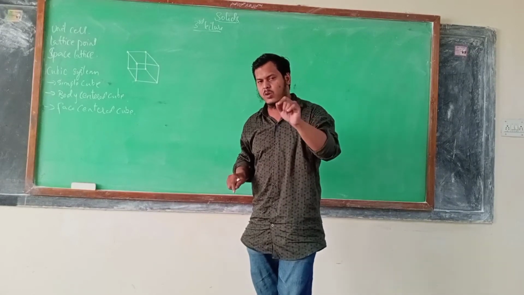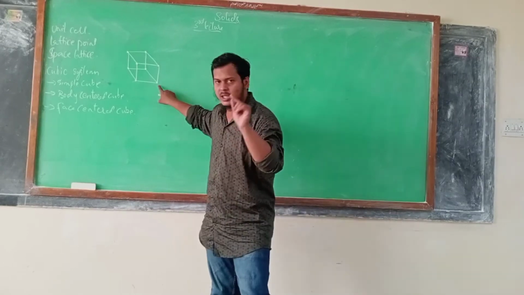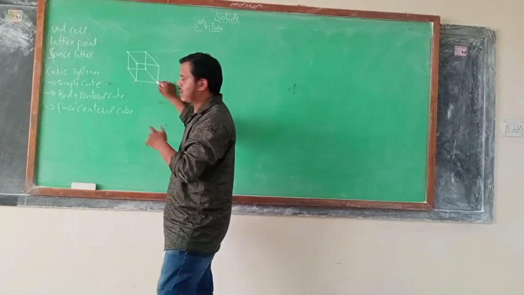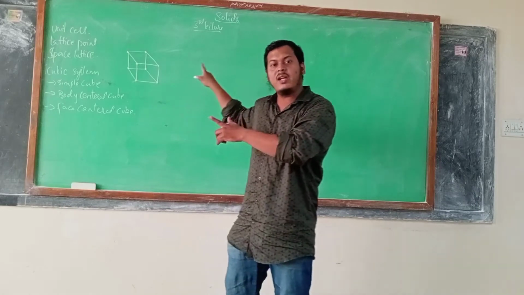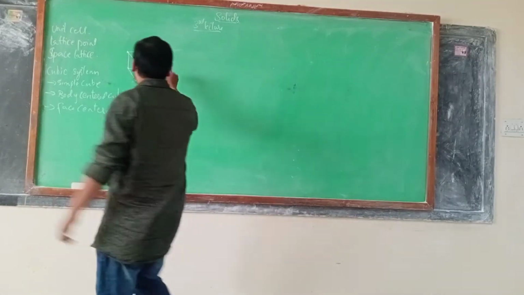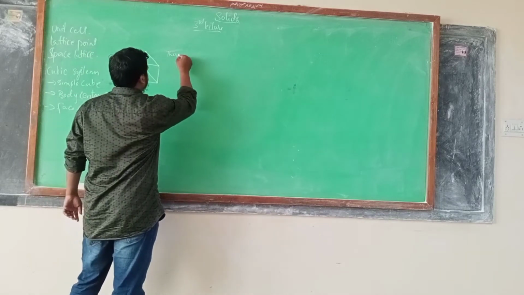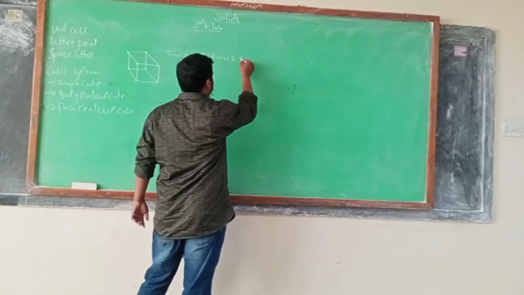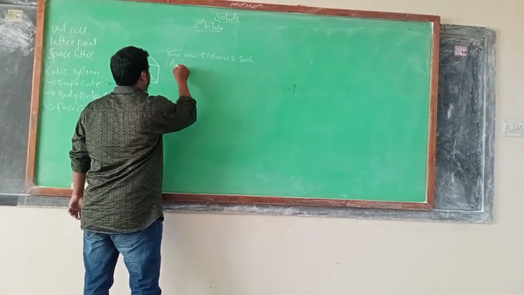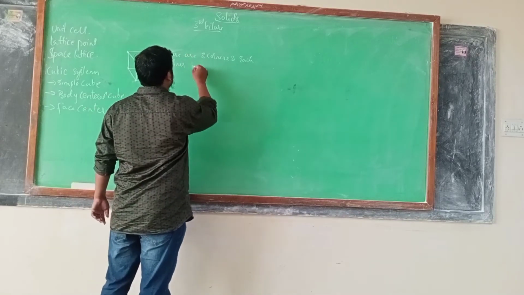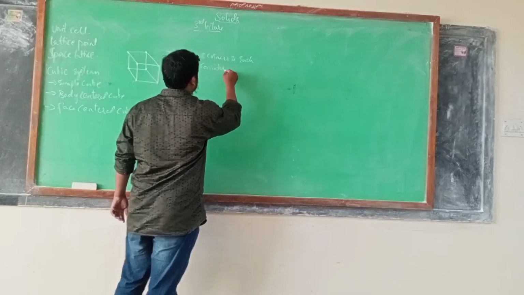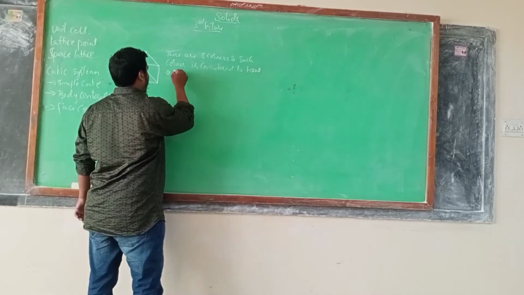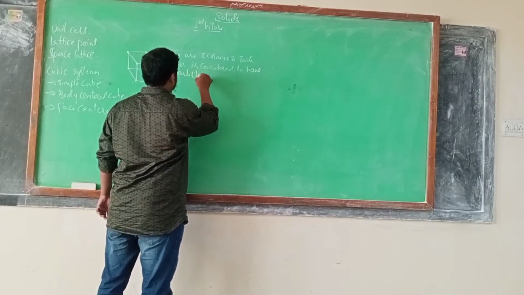If I consider each corner to have an atom, or a particle, then this particle is shared to 8 other unit cells, correct? So there are totally 8 corners, and each corner is considered to have a particle.